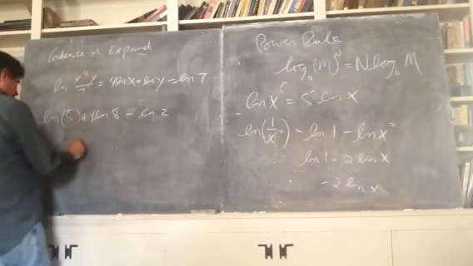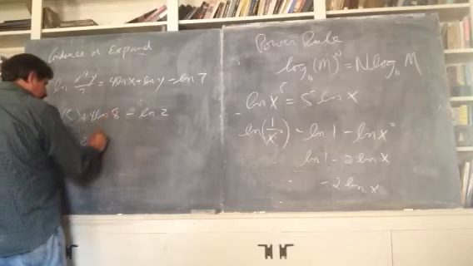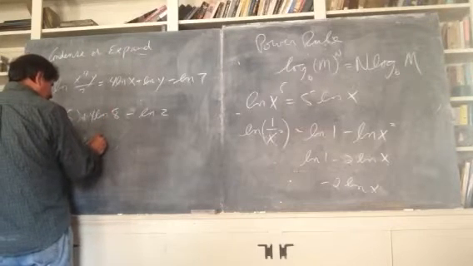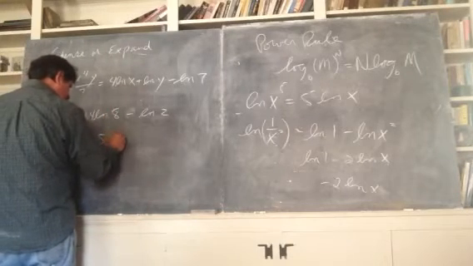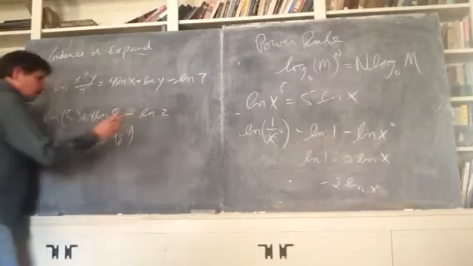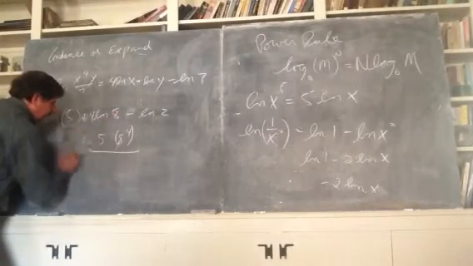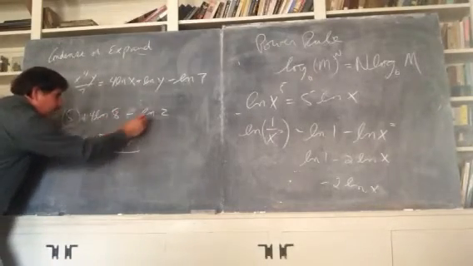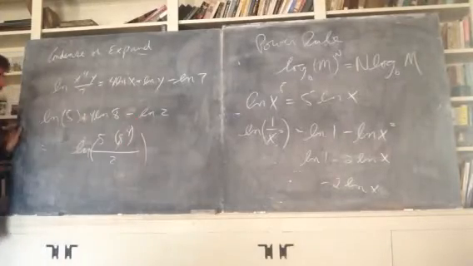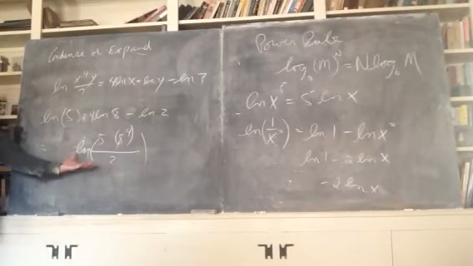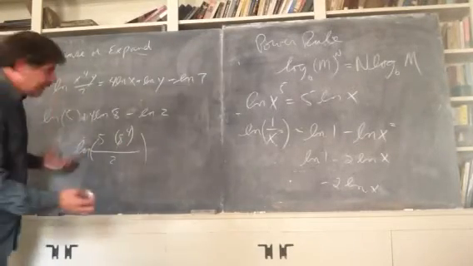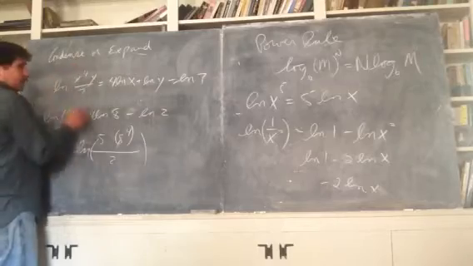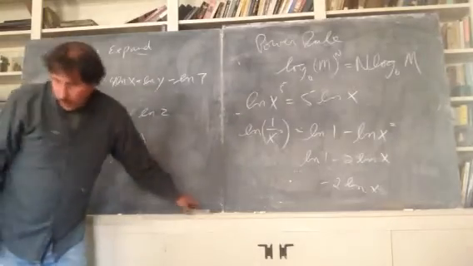So this is going to be ln of 5 times 8 to the 4th divided by 2. That's what we're talking about: we condense it or we expand it. We go one way or the other.